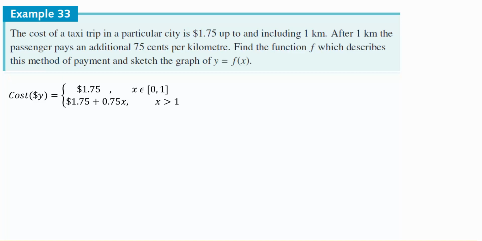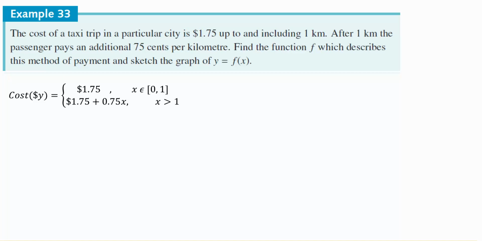But in reality, it's 2. But I haven't accounted for that in this one. You see, when I put 1 here, that means I've traveled 1K plus 75 cents. True? But I've actually traveled 2Ks in total.